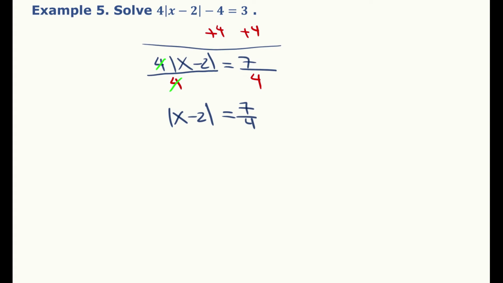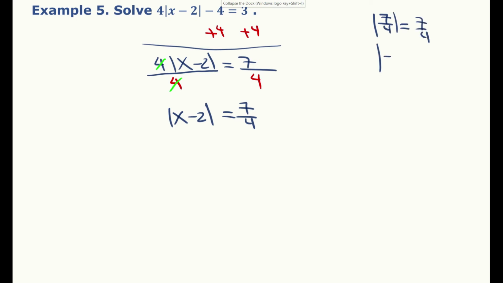All right. So now we're ready to go ahead and interpret what that means, right? So the absolute value of some number, remember, think of this as just some number, is 7/4, right? So what can that number be? Remember, there are only two real numbers whose absolute value is 7/4. One of them is 7/4 itself.